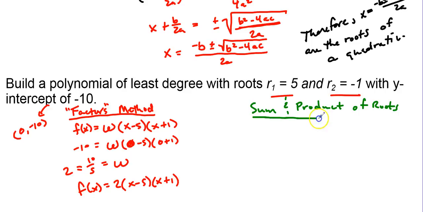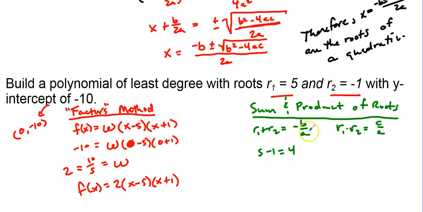The sum of the roots, r1 plus r2, is equal to negative b over a, and r1 times r2 is equal to c over a. Very simply, r1 plus r2 is 5 minus 1, which is equal to 4. So that's equal to negative b over a. And r1 times r2 is equal to c over a, so 5 times negative 1 is equal to c over a. So that's a negative 5.